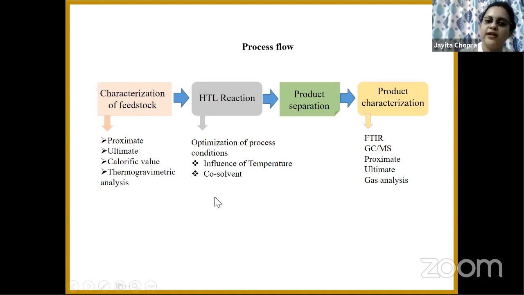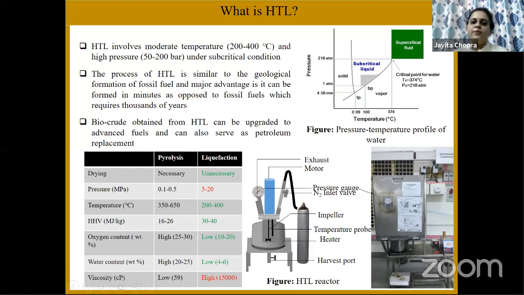I have used glycerol as a co-solvent here, which is also the transesterification byproduct from the previous step. It is known to enhance the biocrude yield as well as the quality of the biocrude. This was followed by product separation and characterization of the products by FTIR, GCMS, and elemental analysis. And I'll just talk briefly about what hydrothermal liquefaction is.